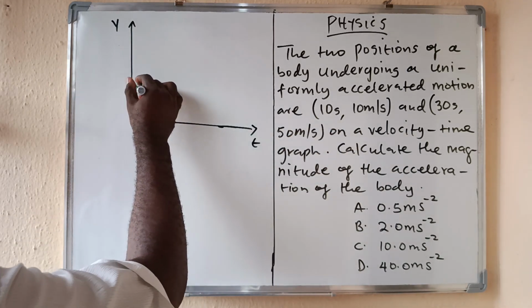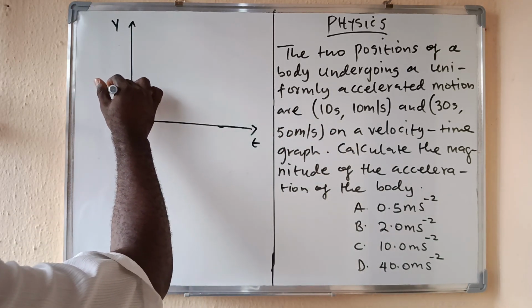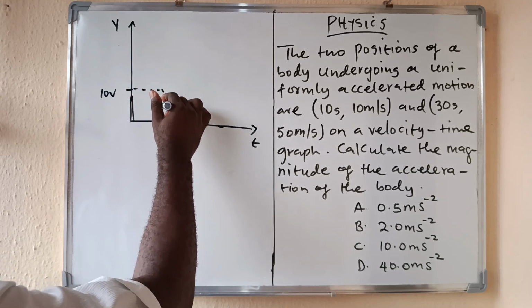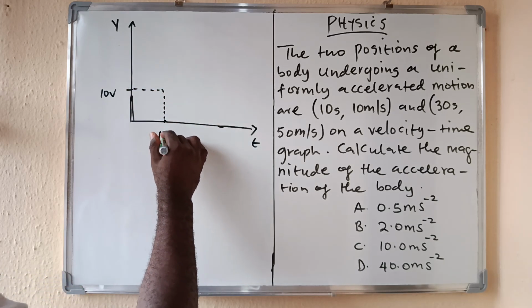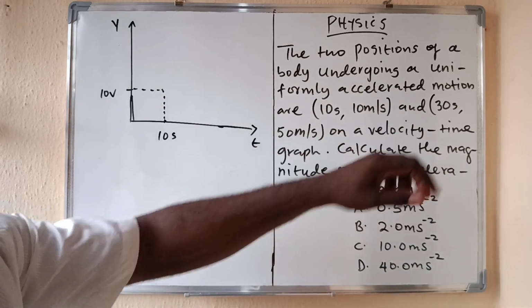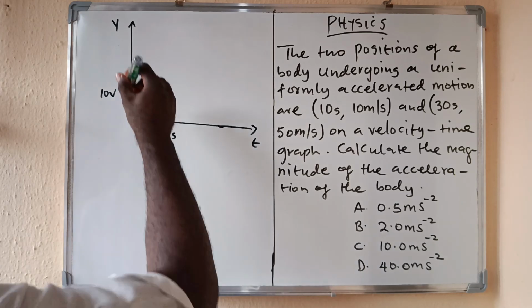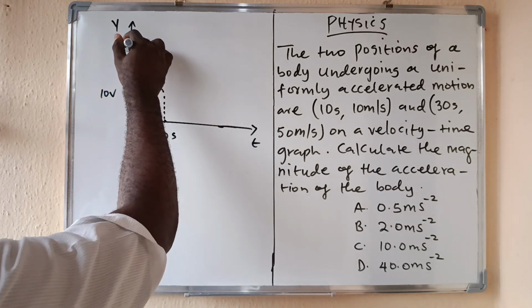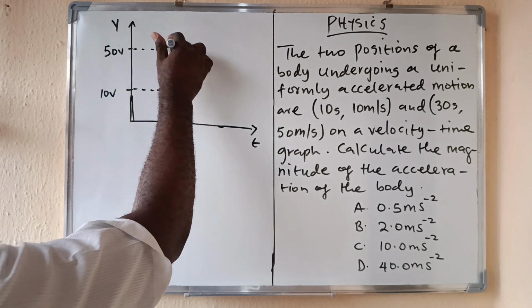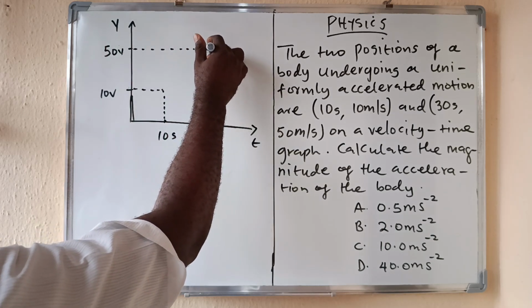And then when the body increased the velocity to 50 meters per second, the time was 30 seconds. So this is 50 velocity, and the time was 30 seconds.